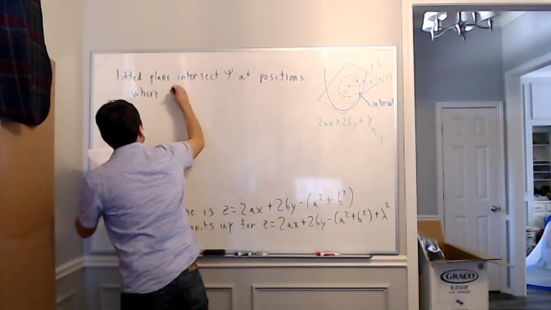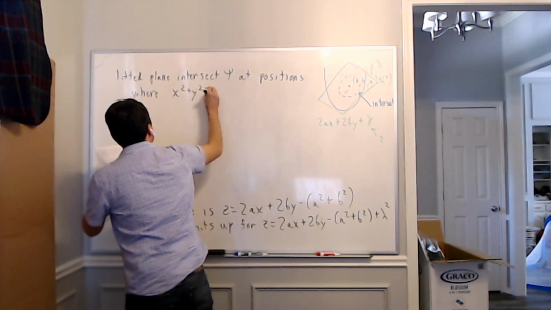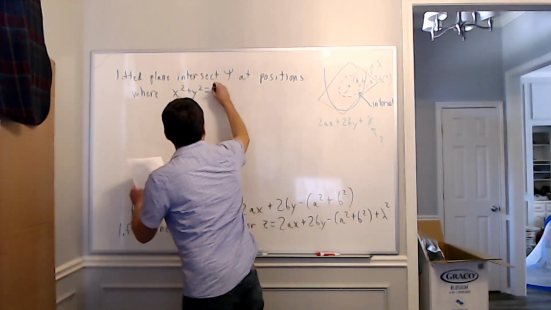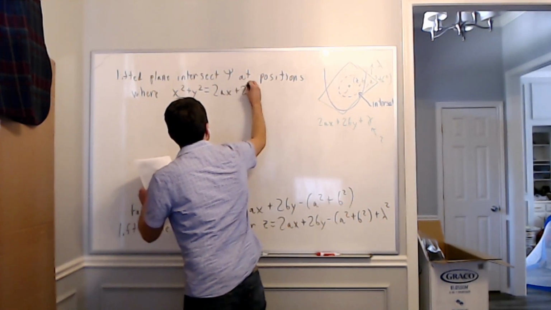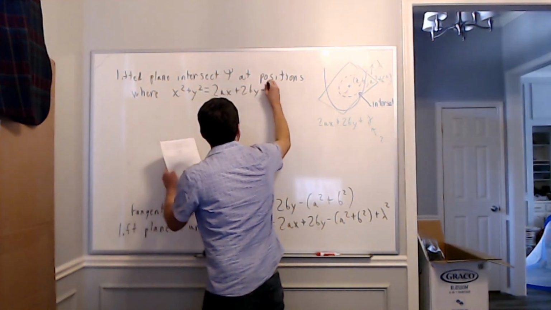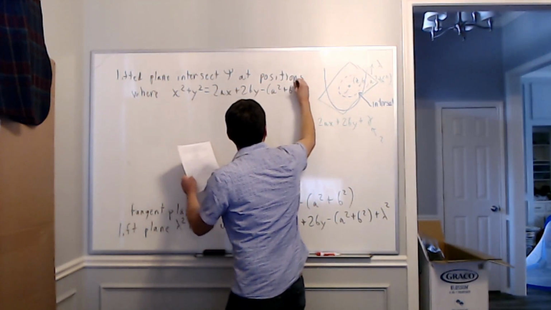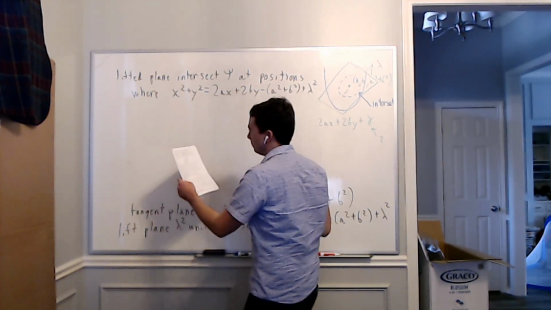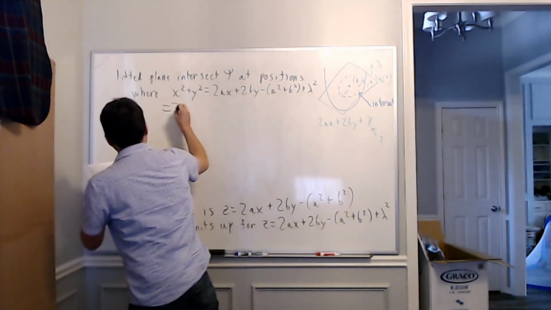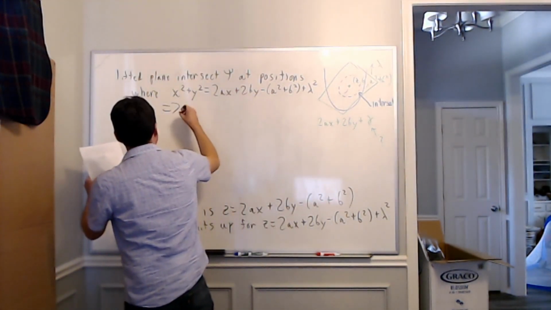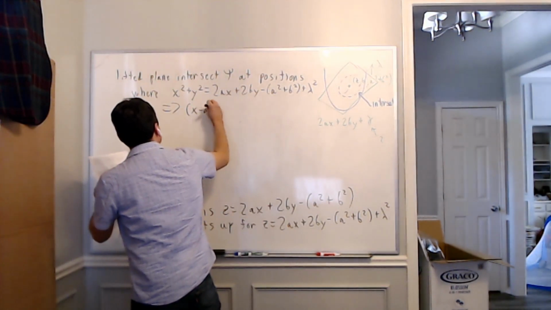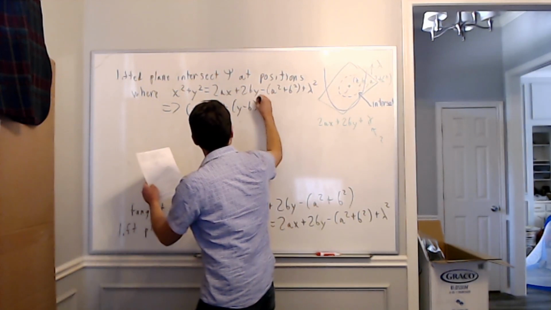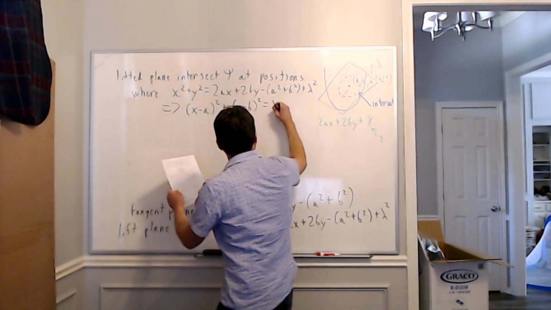Specifically, we have to have x squared plus y squared, which is the z-coordinate of the paraboloid, equal to 2ax plus 2by minus a squared plus b squared plus lambda squared. You solve for this, and you end up getting x minus a squared plus y minus b squared is equal to lambda squared.